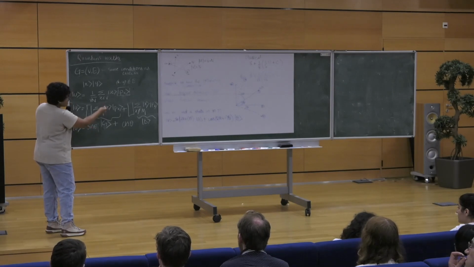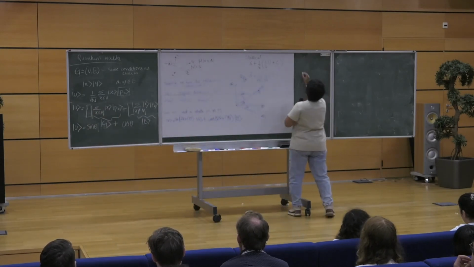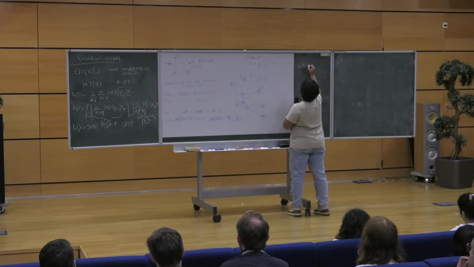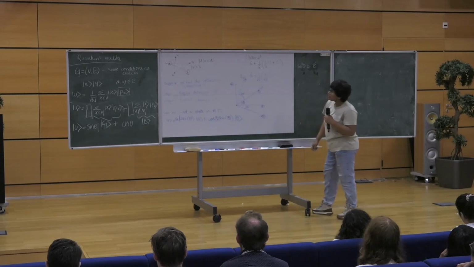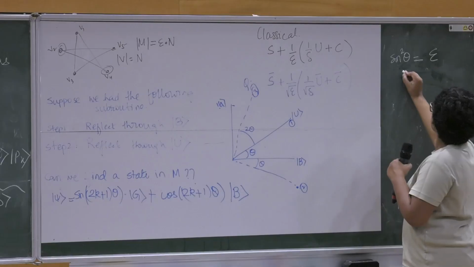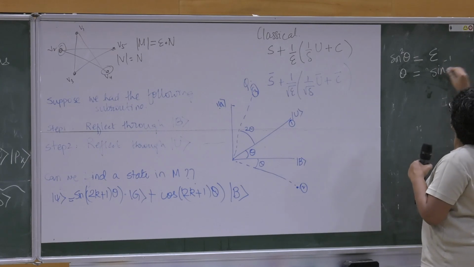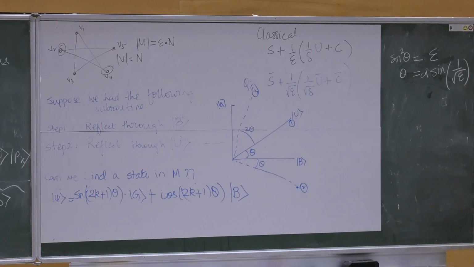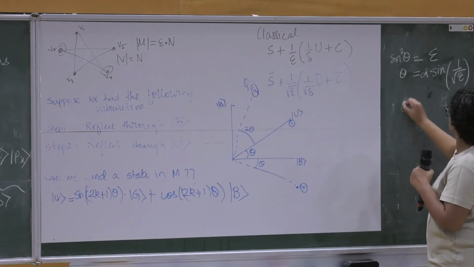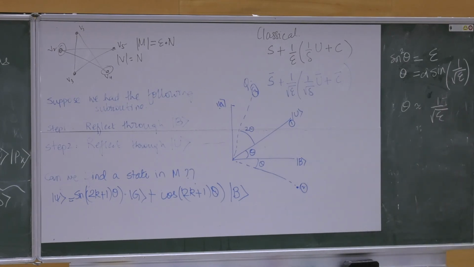So initially, your probability of the good state is sine squared theta, which is almost equal to epsilon, because the fraction of states that are good is epsilon. Now, can I not say theta is around arcsine of root epsilon? And if theta is close to 0, we can say this is almost equal to root epsilon, right?